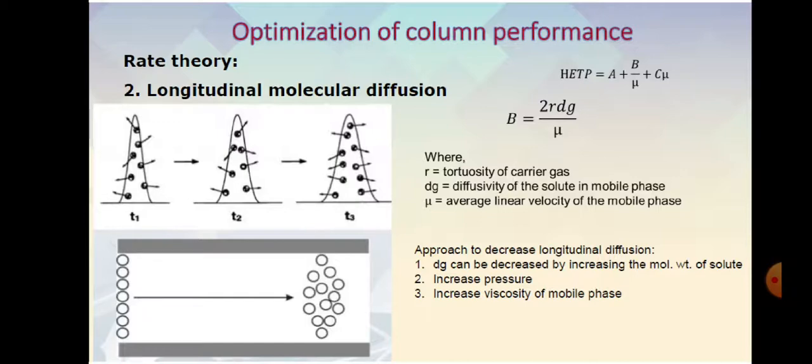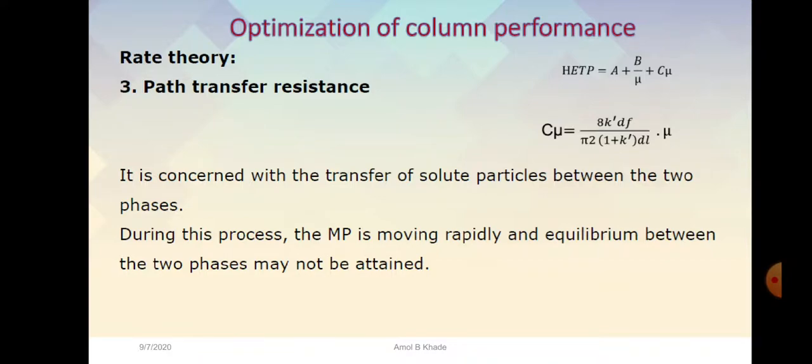Considering all these things, we can minimize the longitudinal diffusion, lower the band broadening, and increase the column efficiency. And the third one is the rate theory, the path transfer resistance or mass transfer resistance, which is concerned with the transfer of solute particles between the two phases.